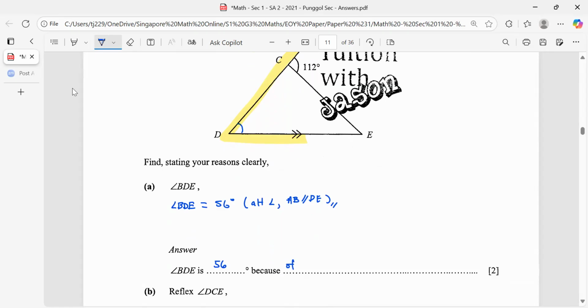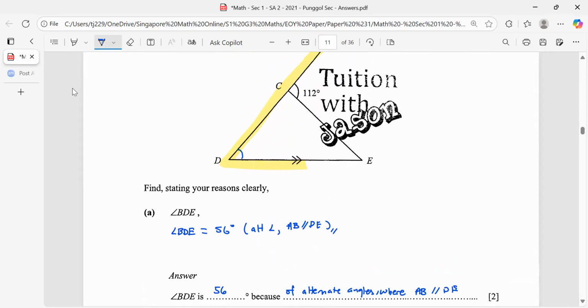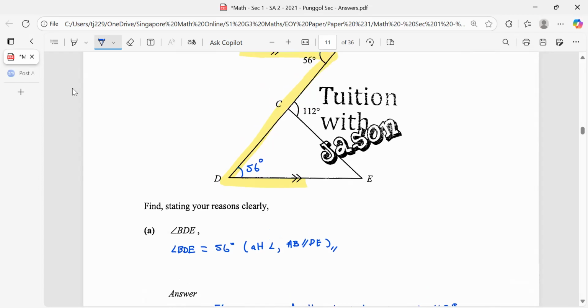56 because of alternate angles where the line AB is parallel to the line DE. Now reflex DCE. DCE is this angle. Reflex will be this, that's outside.